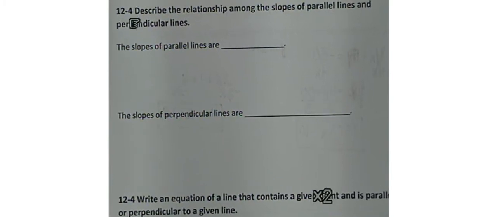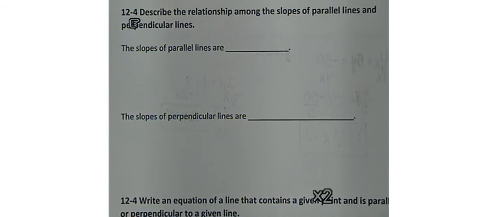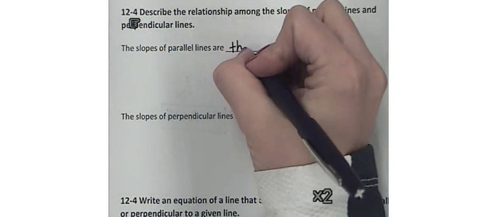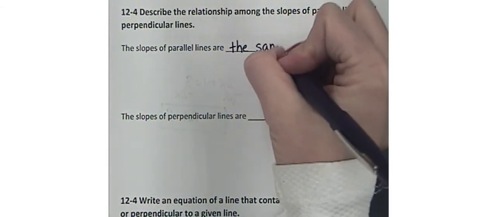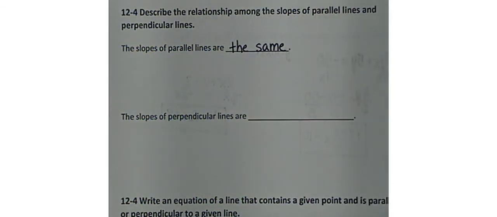Describe the relationship among the slopes of parallel lines and perpendicular lines. So we know that the slopes of parallel lines are the same. Always the same.